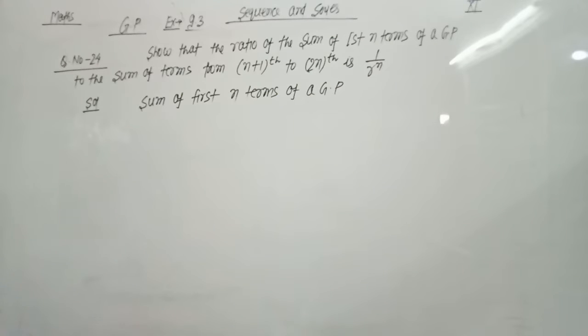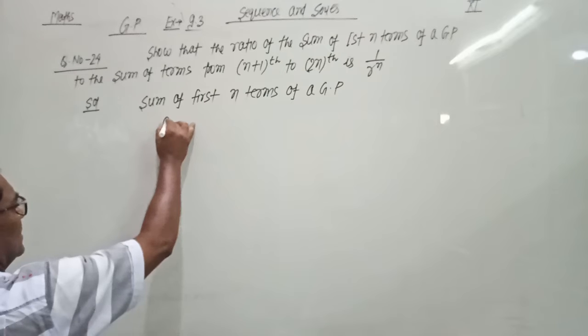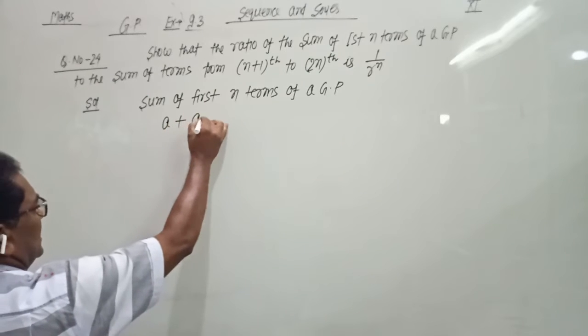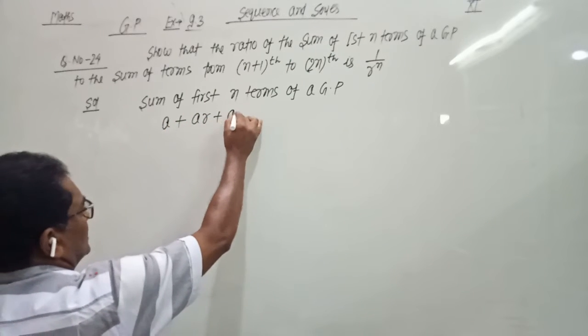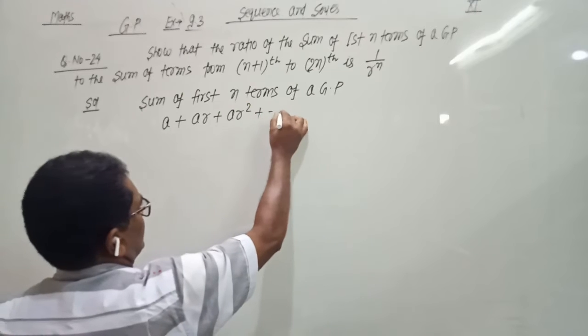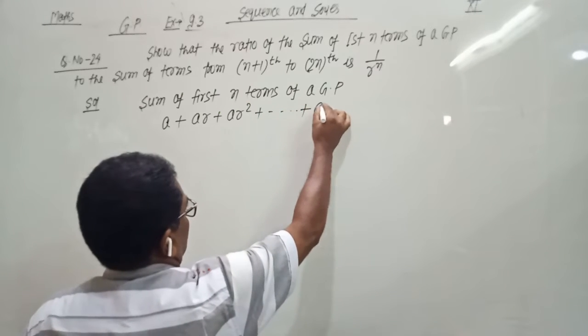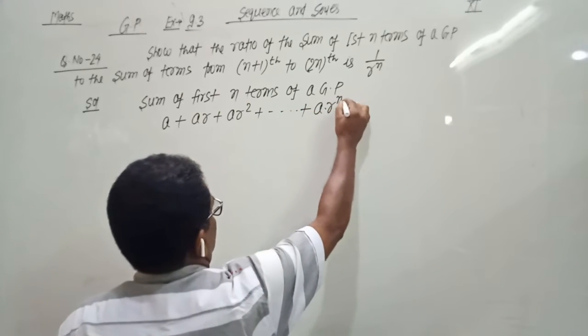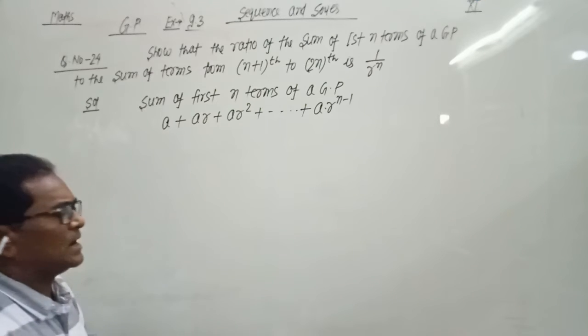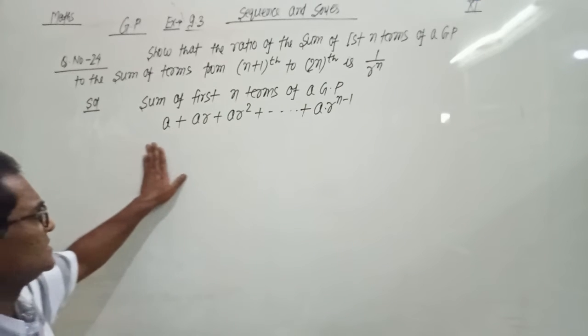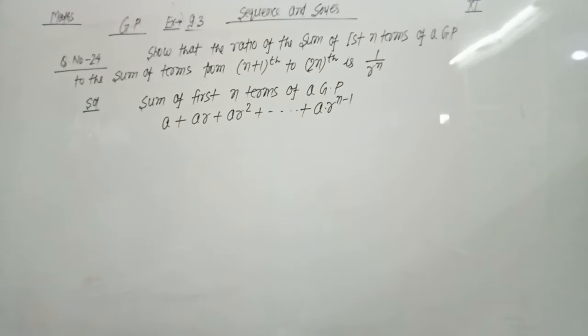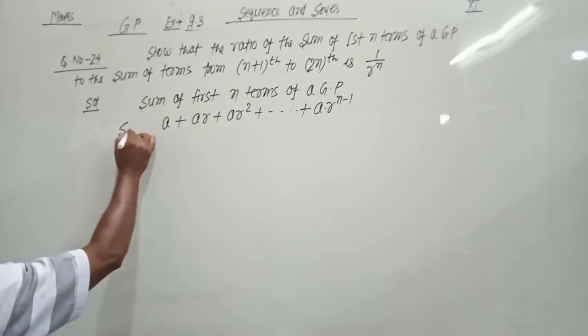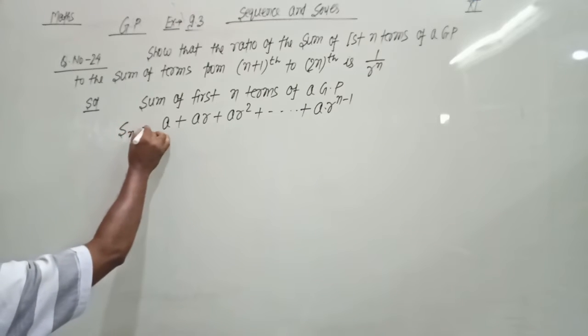is given by a plus ar square plus dash dash, the nth term a into r raised to the power n minus 1. This is the sum of first n terms of a GP, Sn.